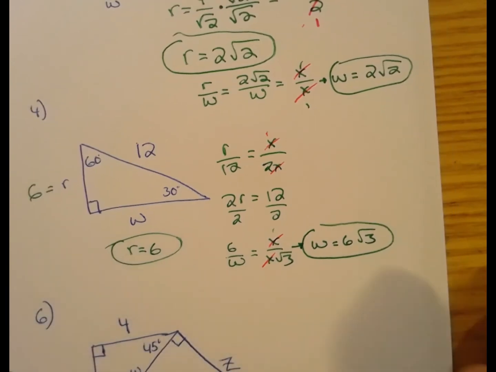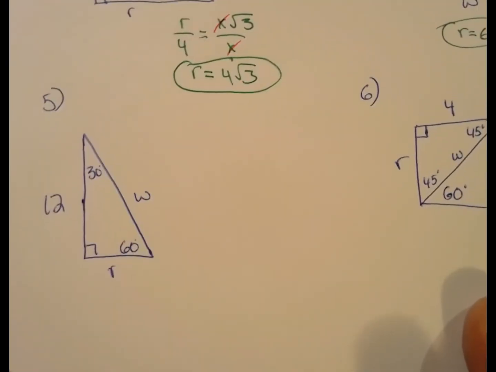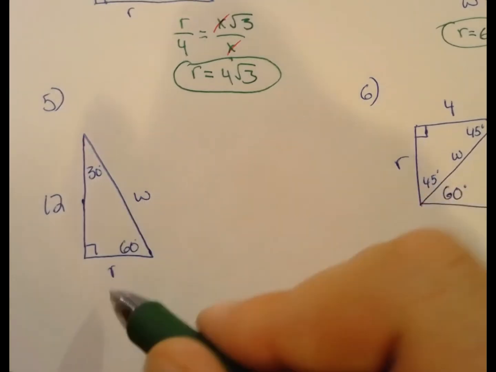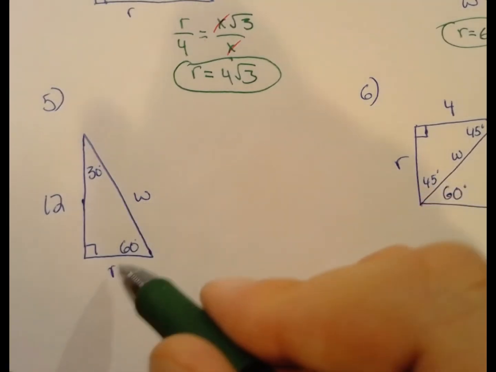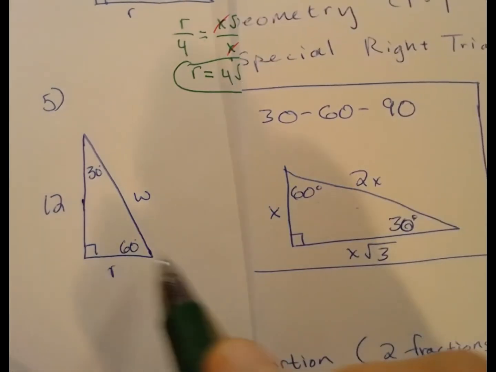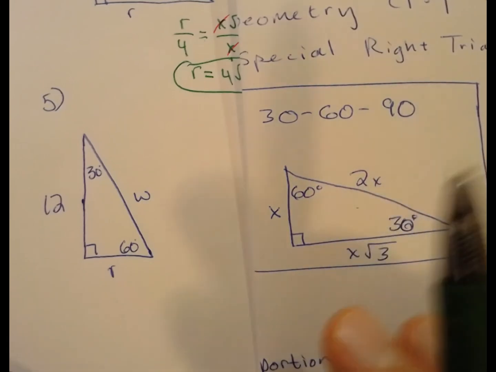All right, 2 more, and then we'll call this a video. So again, I have options here. I have either the short side r, which is the side between 60 and 90, so that corresponds to x. And then w is the hypotenuse, and that corresponds to 2x.